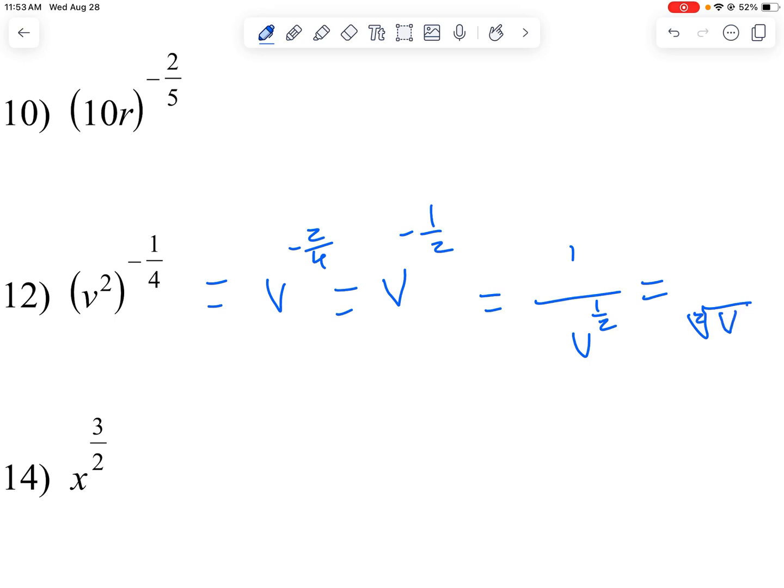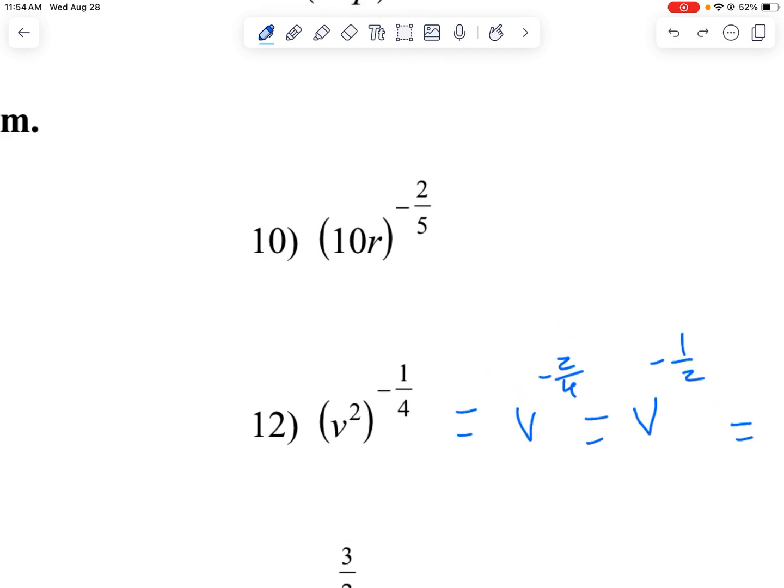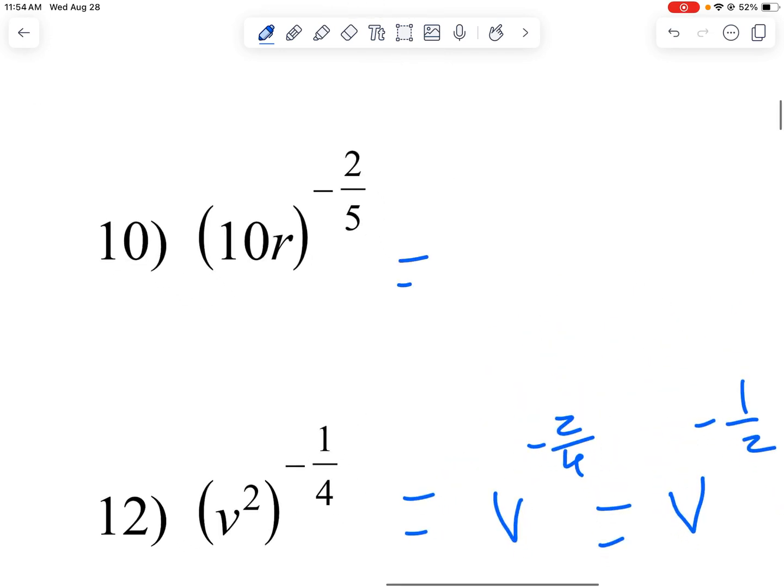If it's just a square root, you don't need the 2. And you end up with something looking like this. Some of them you can simplify like that, but most of them don't have this exponent to an exponent thing. You just convert it. So something like this becomes 1 over the 5th root of 10r squared. Square that, make sure you have it on both parts there.